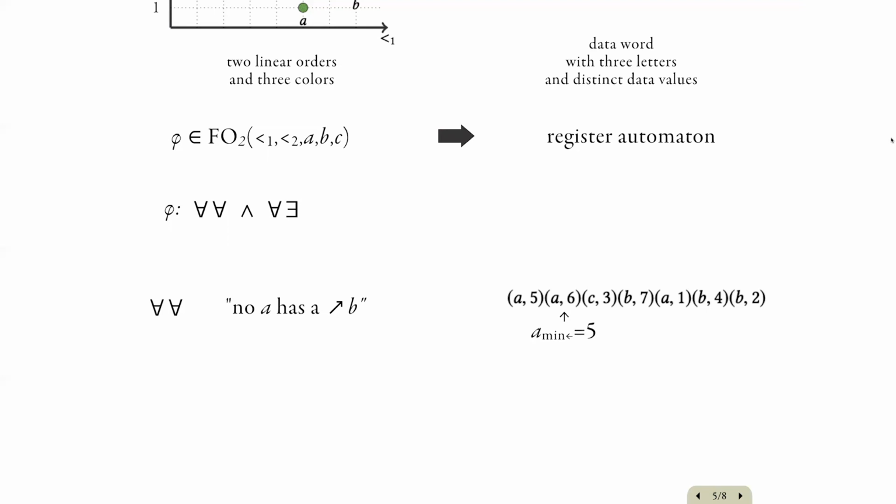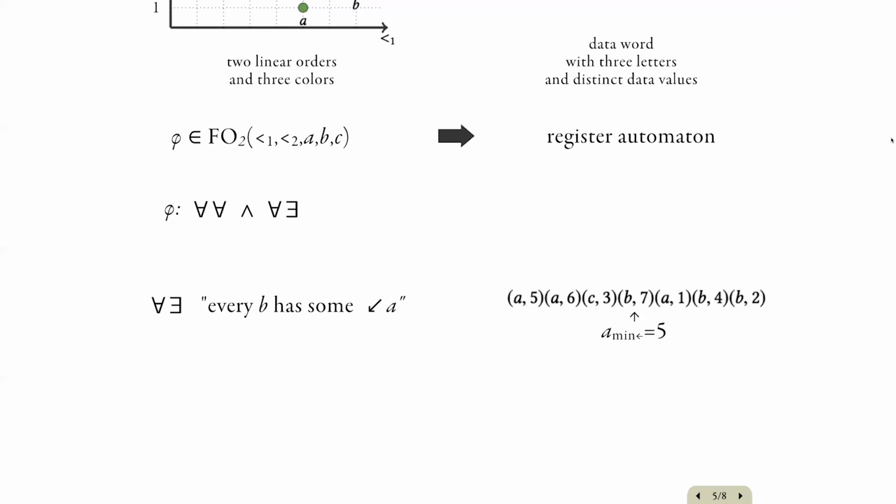We see another A with larger value, so we keep our 5 unchanged and we proceed to the next position. And we continue, and whenever we see a B which is larger than the minimal A encountered so far, this means that our constraint is violated. So the automaton can verify whether this constraint is violated or not.